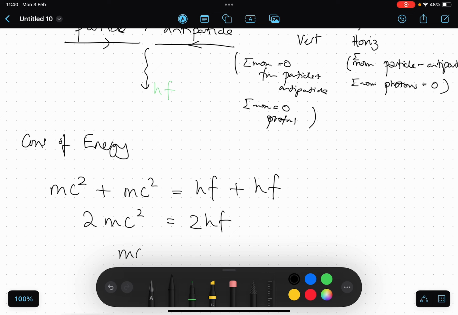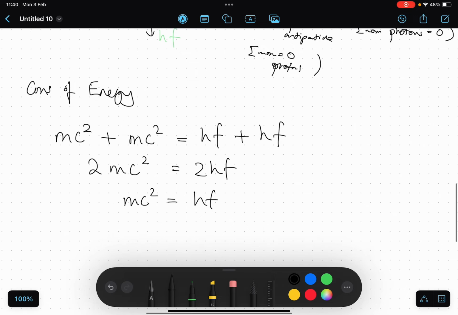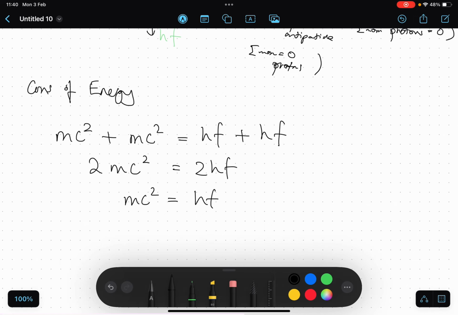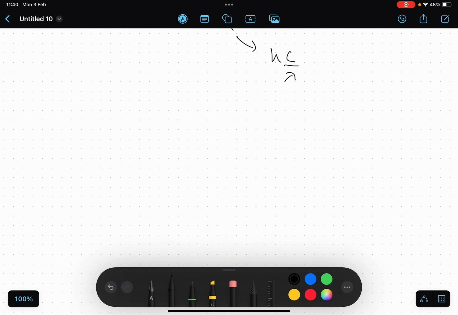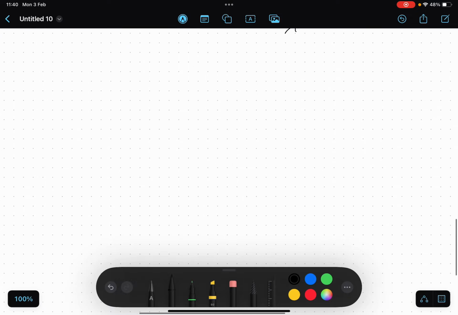So in other words, the energy of the particle is equal to the energy of one of the photons. Now we could go on to work out the wavelength of the photon that's produced using our wave speed equation. Okay, so let's have a look at an example and let's use the neutron as an example.